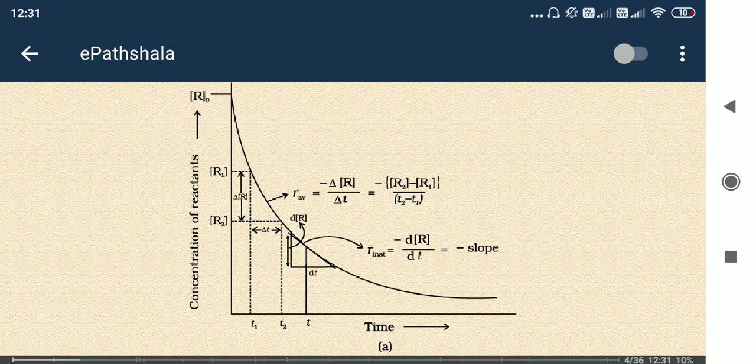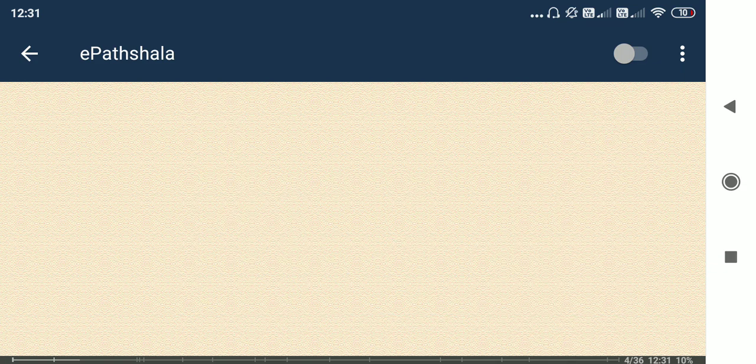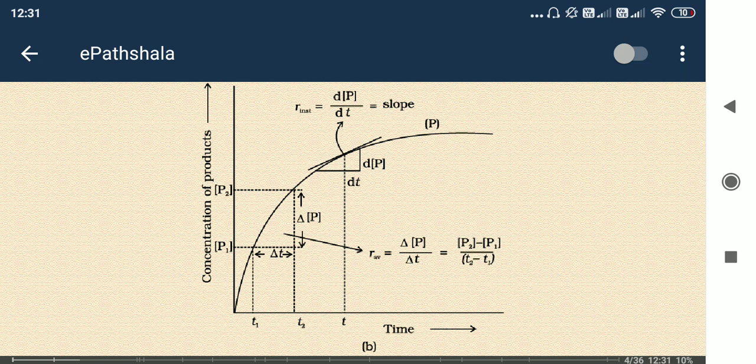Here also, as we go further with respect to time, the concentration of the product increases, right? That's why the graph is shown like this.